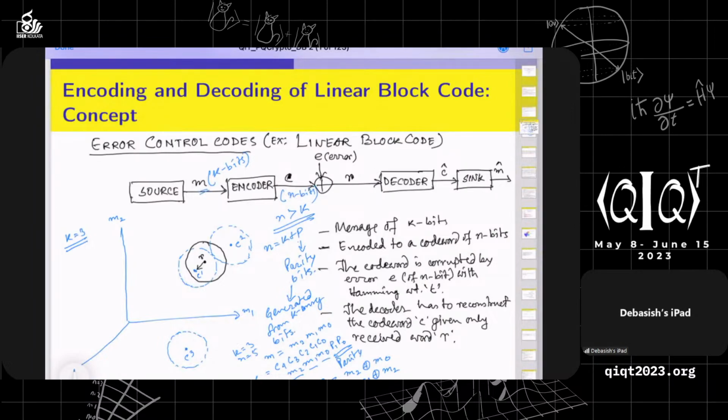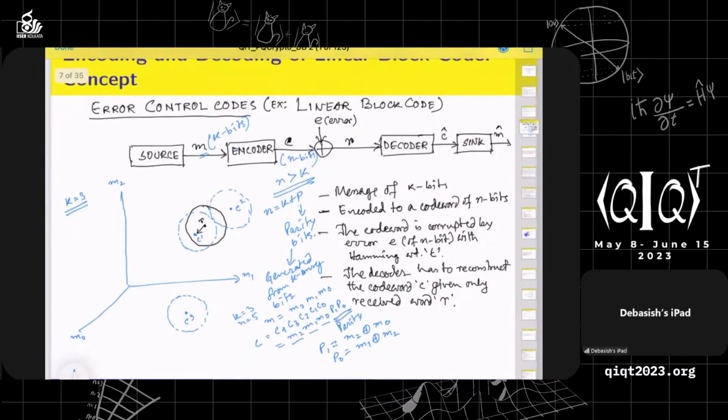That's why I have drawn one coordinate system by taking k equal to 3, where my basis vectors are M0, M1, and M2. This is my vector space, and my code words will be a subspace of this vector space. They will not depend on P0, P1, because P0, P1 are not basis vectors. They depend on M0 and M2.